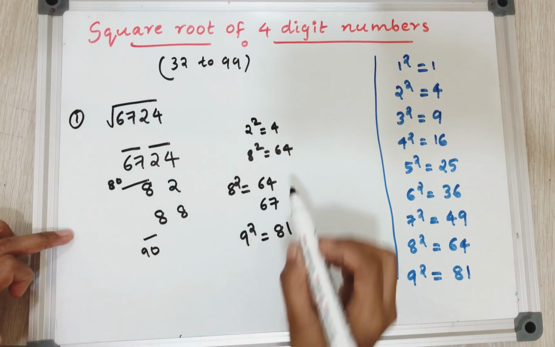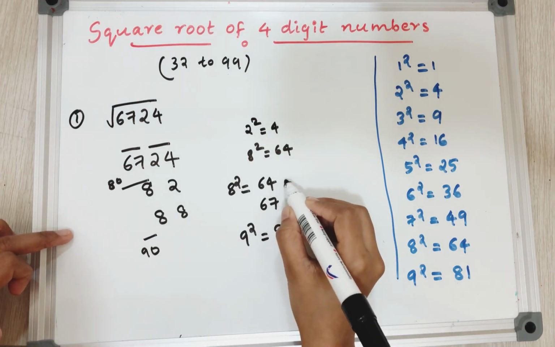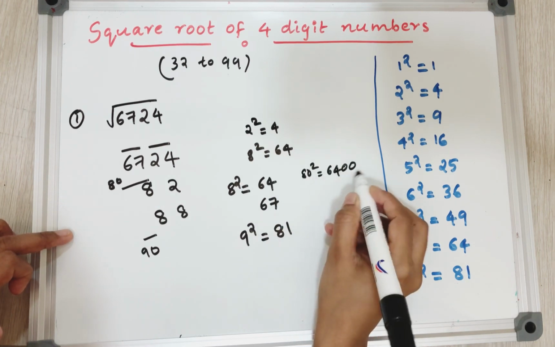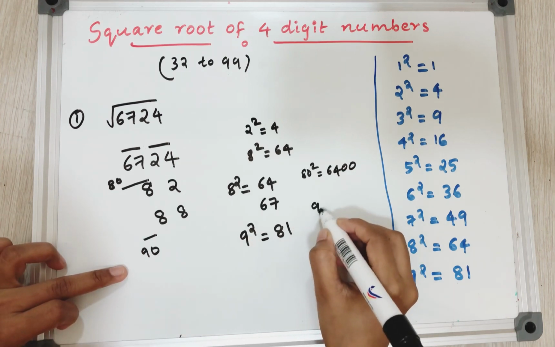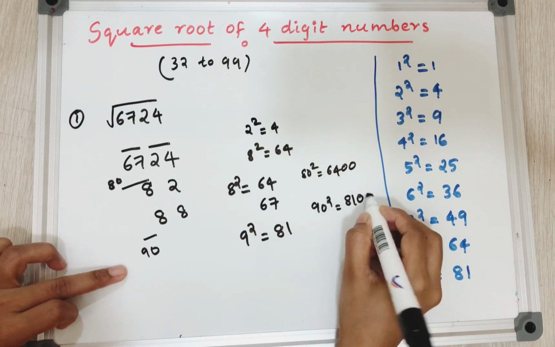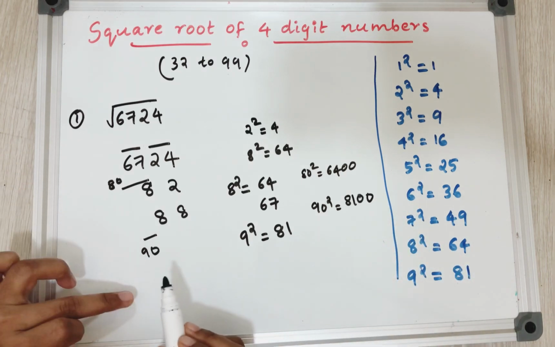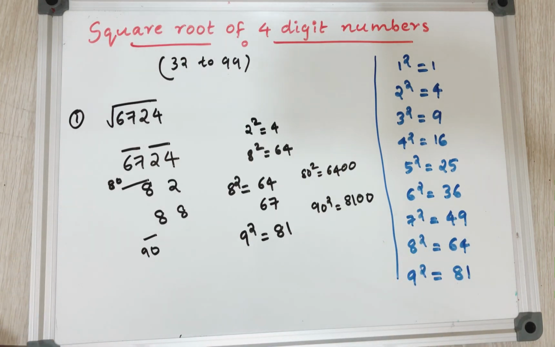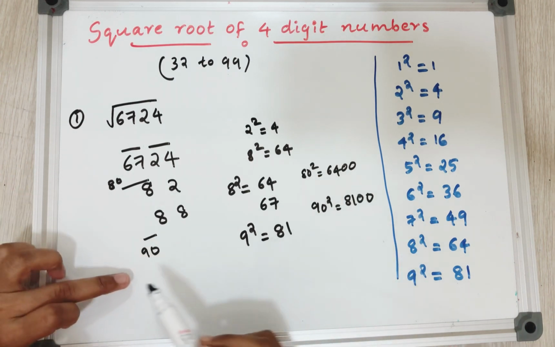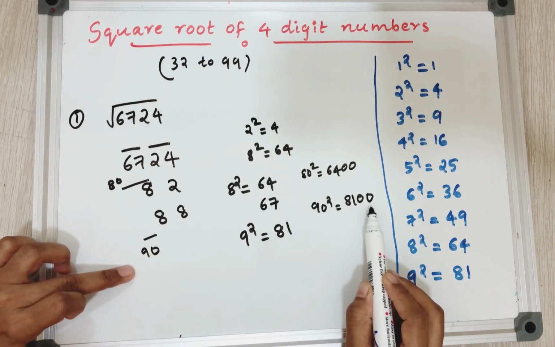Here 80 square is equal to 6400, and 90 square is equal to 8100. That's why we are choosing these numbers.